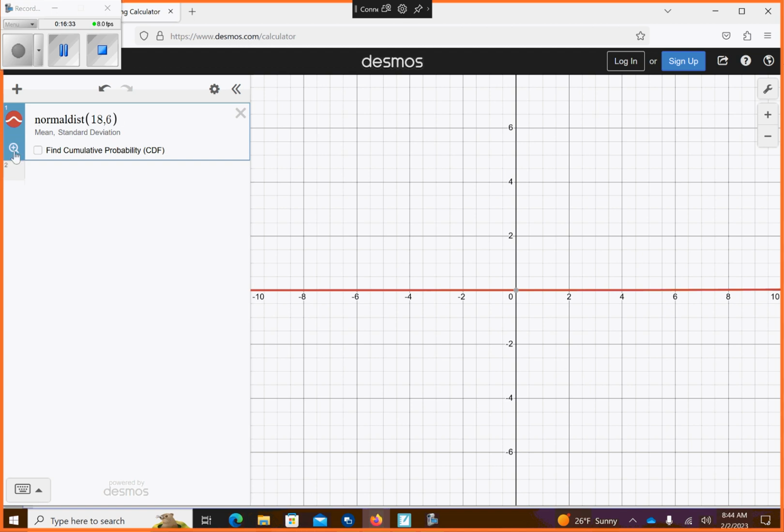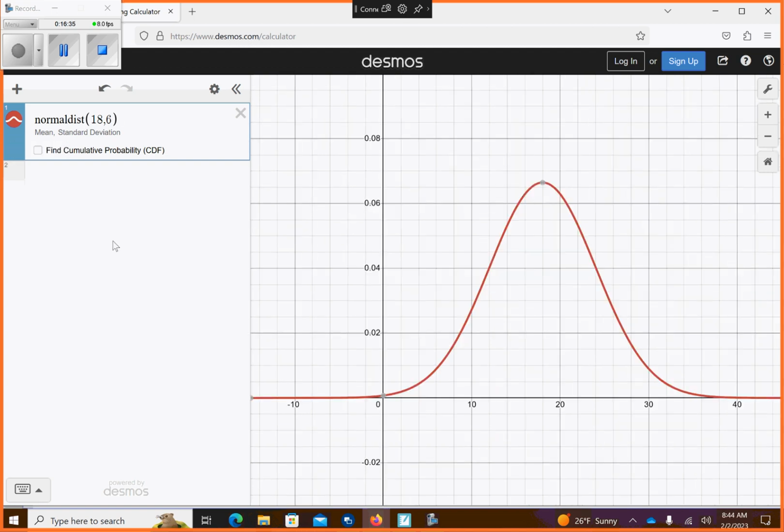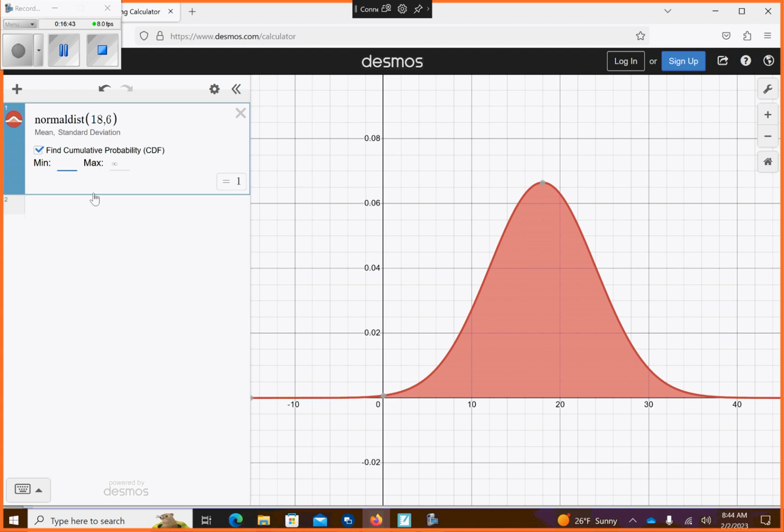Okay, so if I hit my plus button, this is my normal distribution. This is saying the entire population. So if I were to say, hey, what's the probability that an individual would earn a 20 or greater, you're talking about a 36% chance.